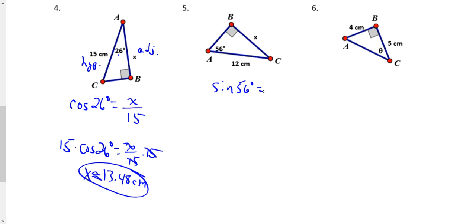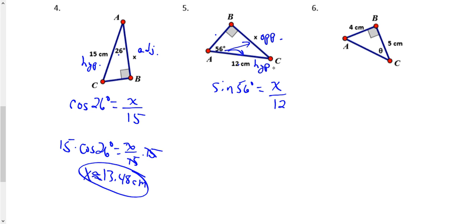Well, tangent is opposite over adjacent. What is cosine? Adjacent over hypotenuse. But we've got opposite and hypotenuse. For cosine, they'd have to give you the adjacent and the hypotenuse. This is the opposite of that angle, and this is the hypotenuse.